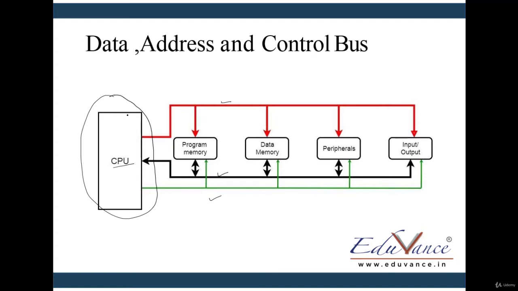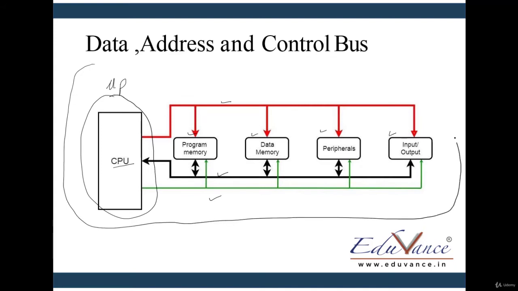So if you have a microprocessor, this will be the CPU, and program memory, data memory, peripherals and input output will all be connected externally. In the other case, if you have a microcontroller, all things will be available inside a single chip, which is called a microcontroller.